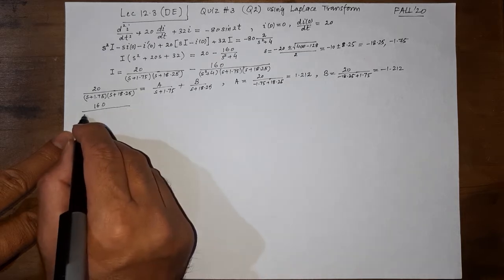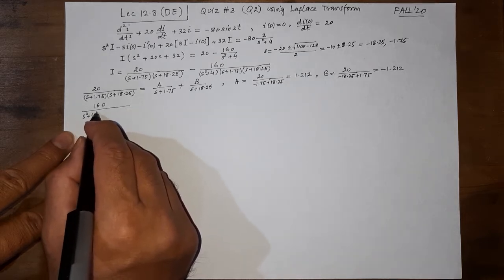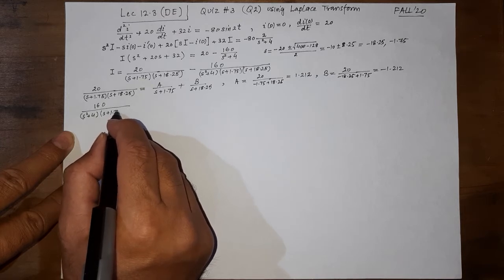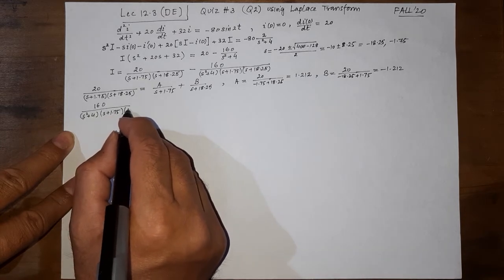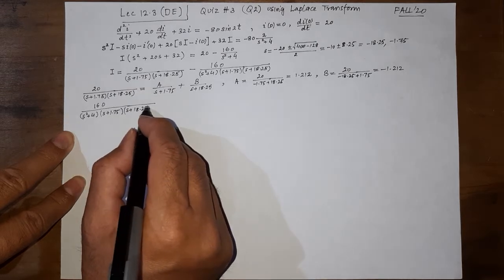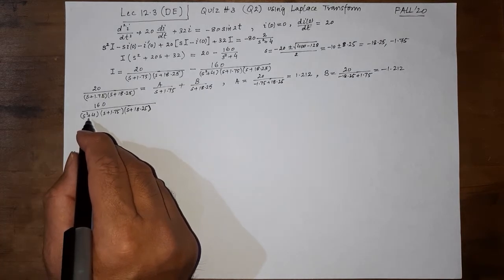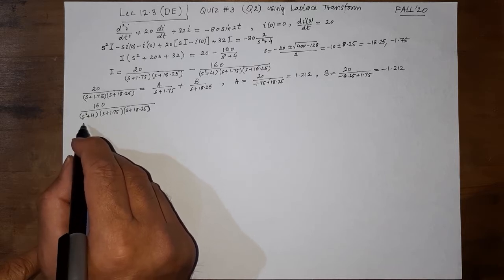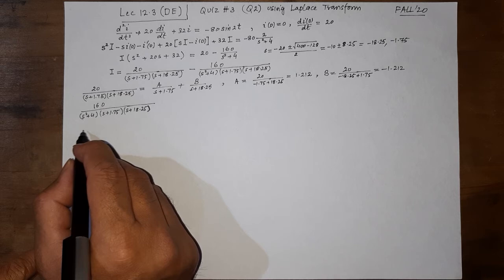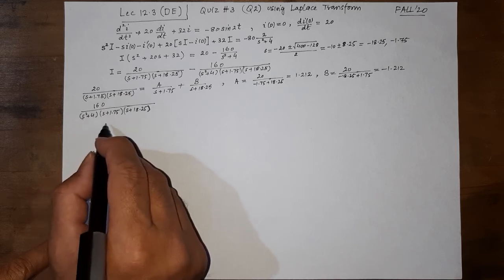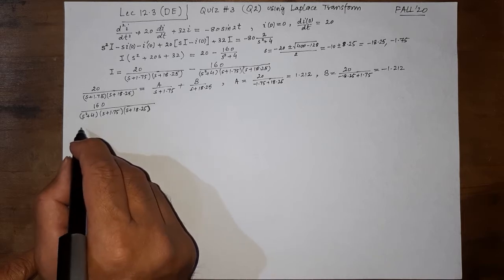160 over s square plus 4. There are two ways of doing the partial fraction for this term. One way is to find the factors for this term. So instead of s square plus 4, we can write this as s plus 2i into s minus 2i.